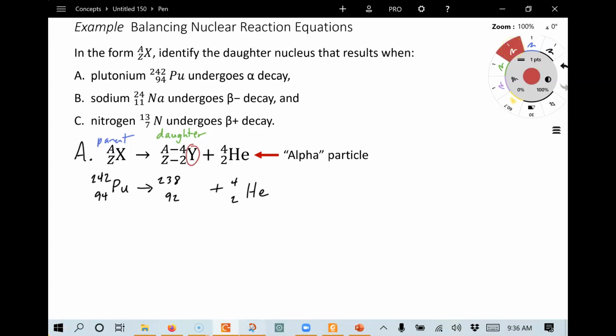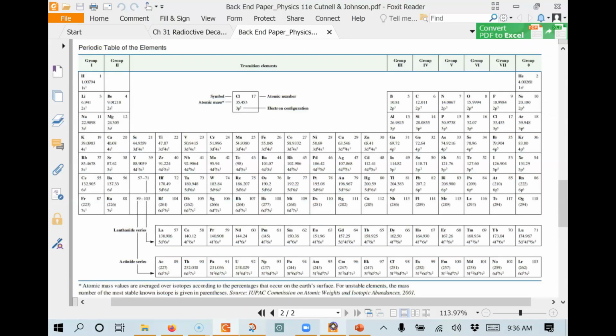To determine what this daughter is, we'll go to the periodic table and look at the element that has 92 protons. Looks like we're down here in the actinide series. 92, it's uranium. And there was Pu there; that's plutonium.